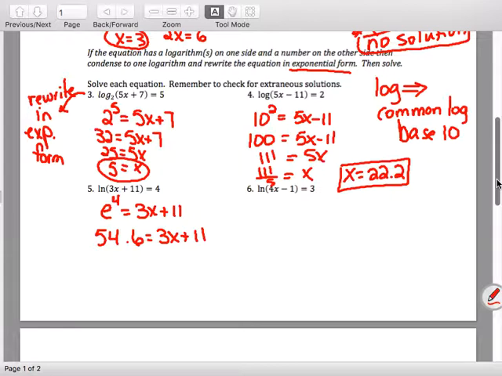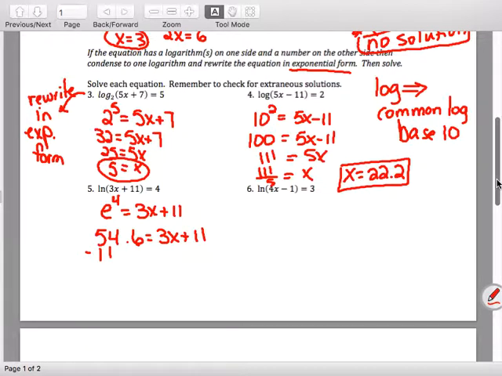This is just a crazy decimal. But e to the fourth is e to the fourth. Basically, you don't put the log. All I'm doing is rewriting from logarithmic to exponential. When you write it exponential, there's no log anymore, so don't put log in front of it.